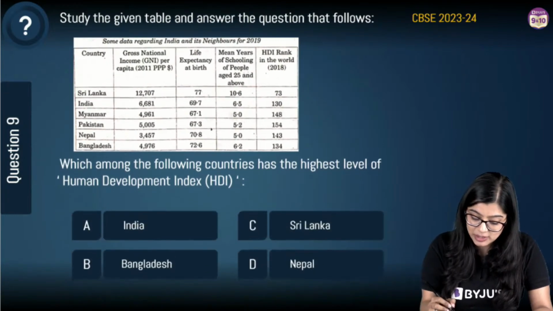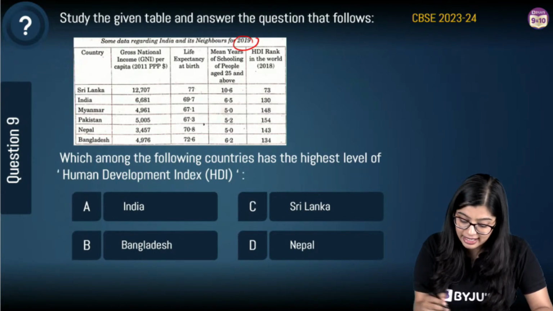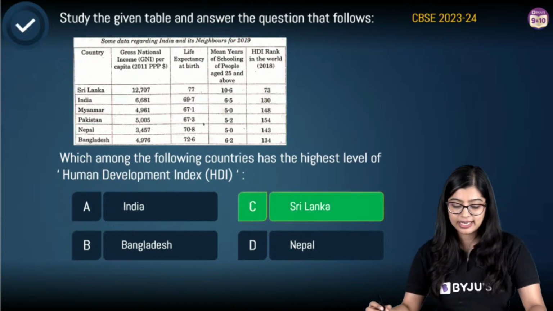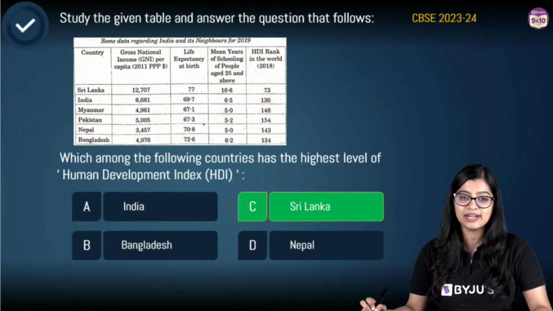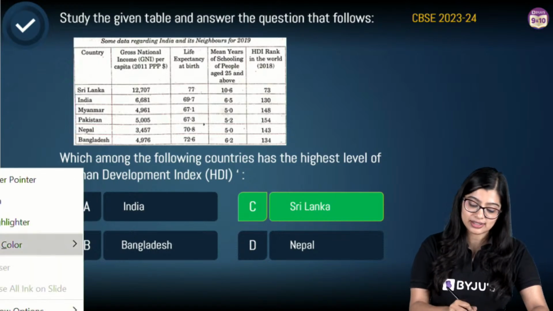As per this data, since Sri Lanka is standing in 73rd rank, the answer is option C, Sri Lanka, right? I know, it's clearly shown in the table. That's how easy it is going to be.